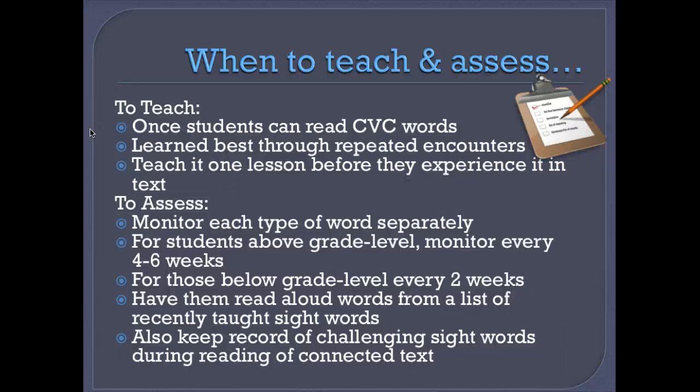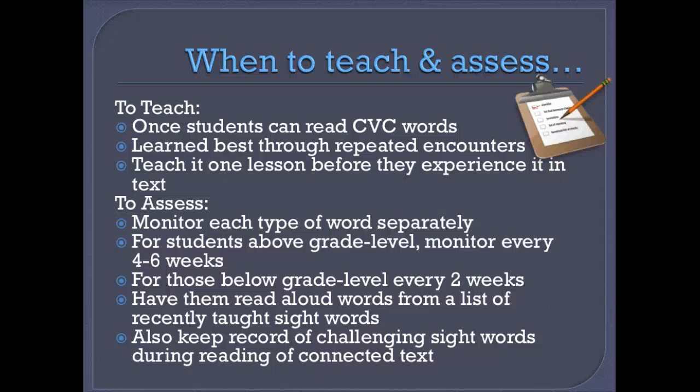It's very important that you assess your students not just every once in a while, but very frequently with the sight words, especially those target students who are reading below grade level. You definitely want to get them reading those sight words, being exposed to them, practicing and assessing every 2 weeks.